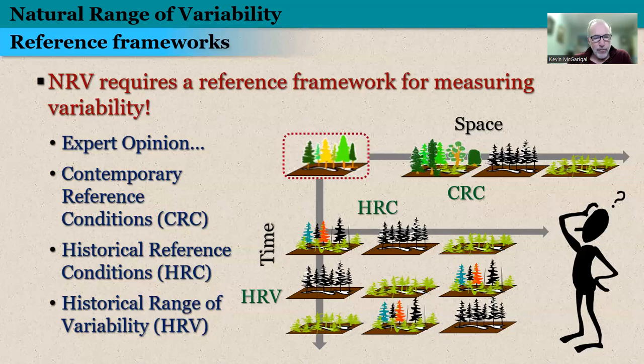In the contemporary reference condition approach, we're looking at spatial variability in the contemporary landscape, so the top row in the figure. The historical reference condition approach, we're looking at spatial variability, but at a historical snapshot in time, so the 2nd row in the figure. In the historical range of variability, or HRV approach, we're looking at variability for a single site over time, so the vertical column in the figure.